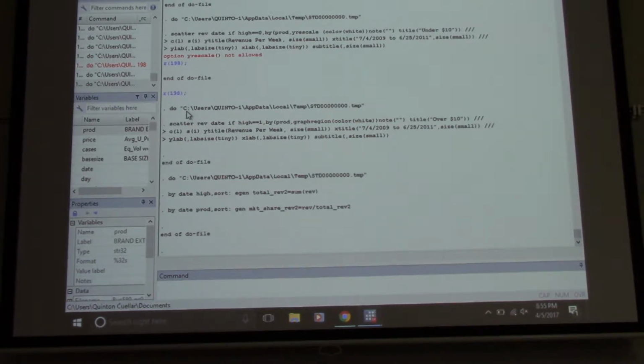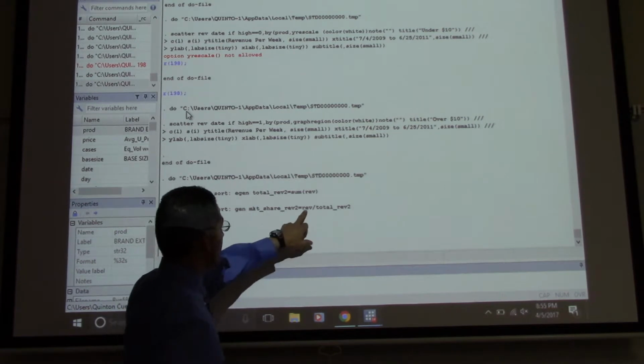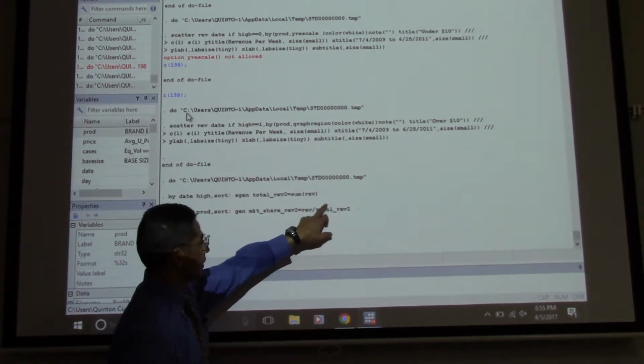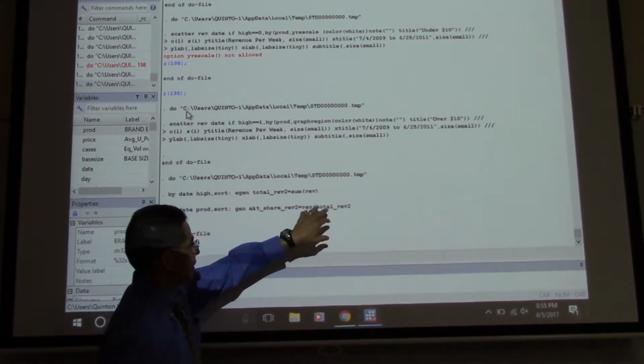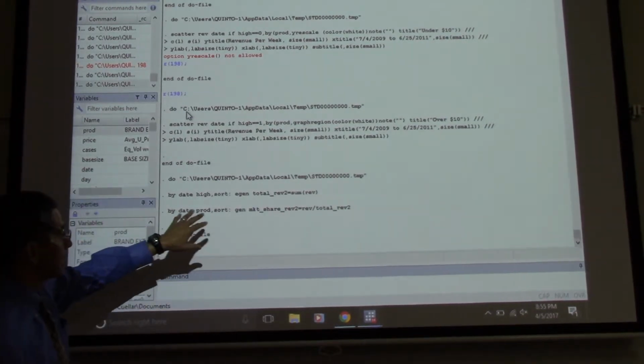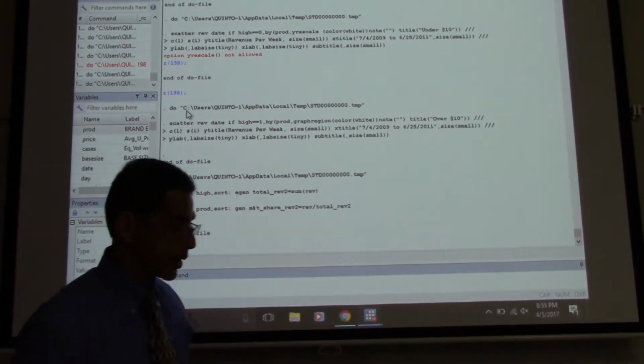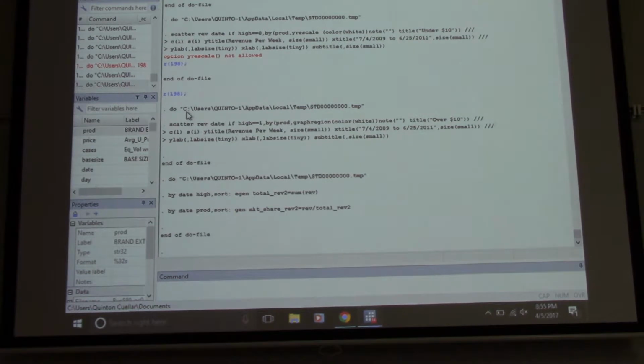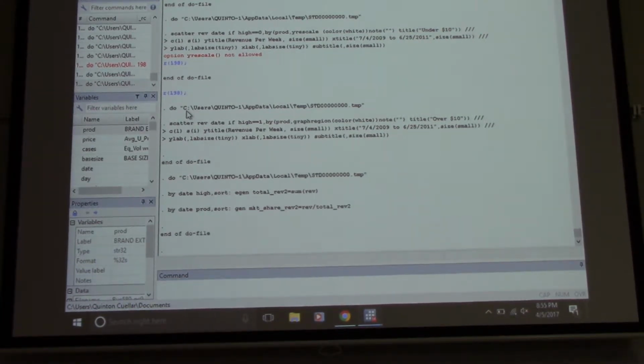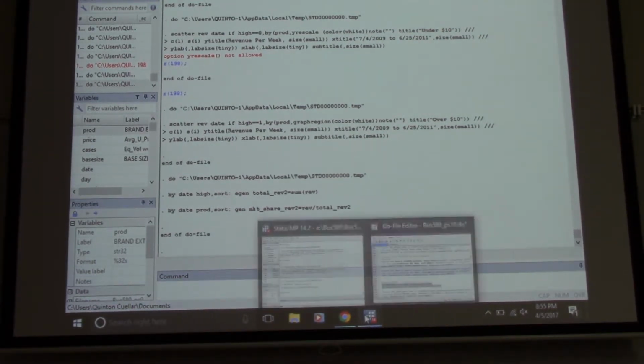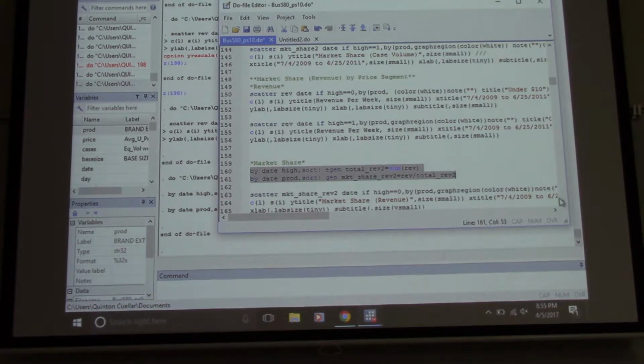Add up the revenue for all the brands in each category for each period. And then the second part, take my brand's revenue and divide it by the total revenue in my price category in each period, and that's my market share too. All right, let's see how this looks.